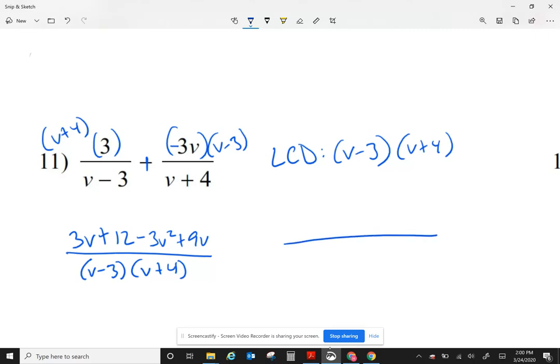So my answer, I should have v minus 3 and v plus 4 as my denominator. Now on the top, let me simplify by combining like terms, starting with the highest exponent. Negative 3v squared plus 12v plus 12.